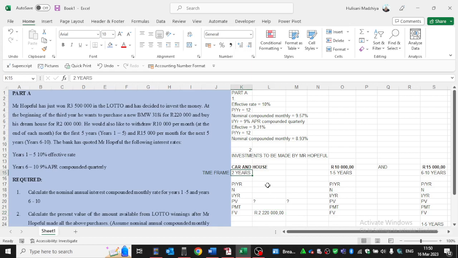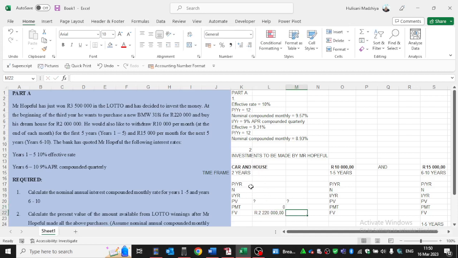And we also know that if this was a lump sum for 2 years, he's not going to be making a withdrawal for this investment for the car and the house, or additional payment and deposit. So the PMT automatically becomes zero for this one.